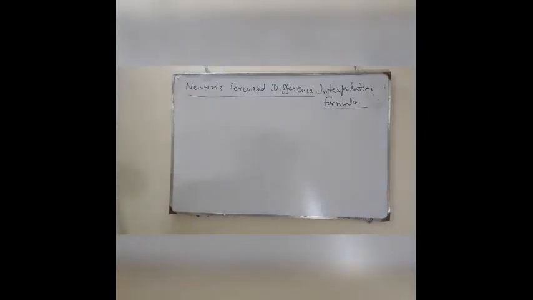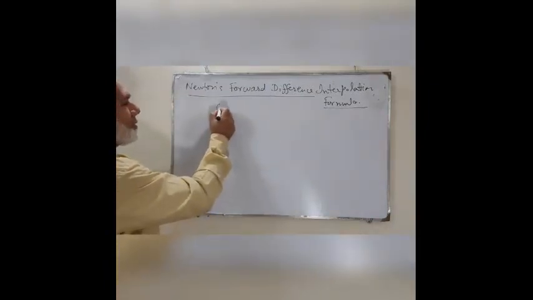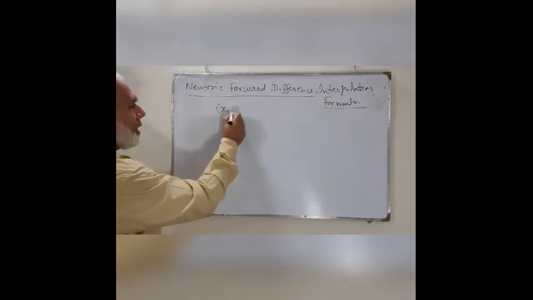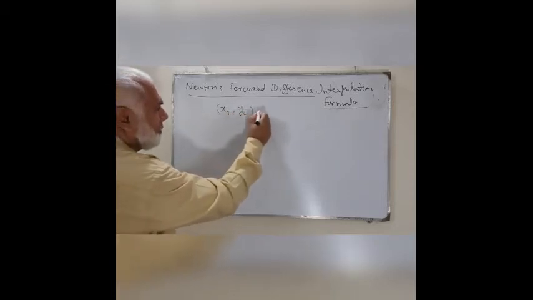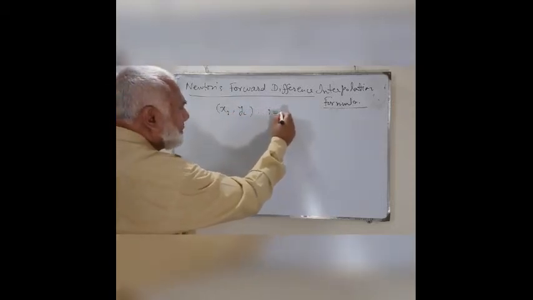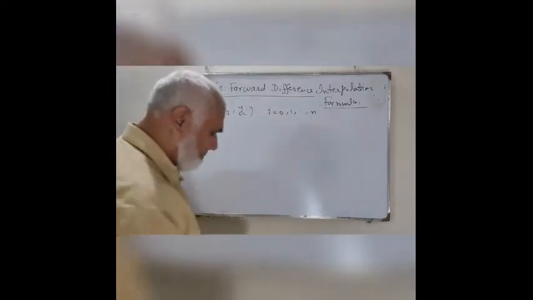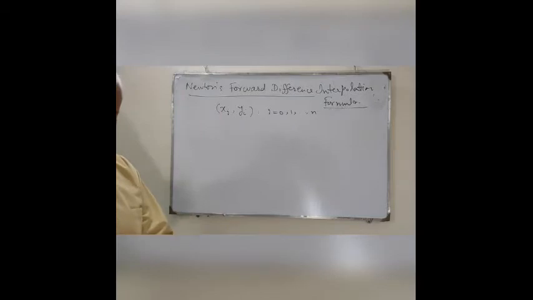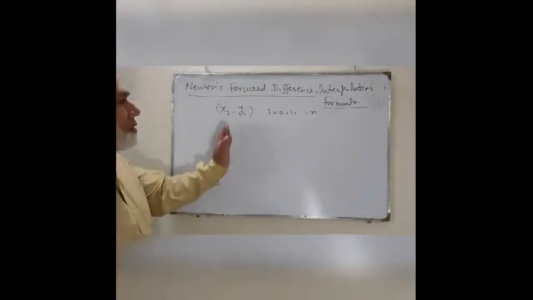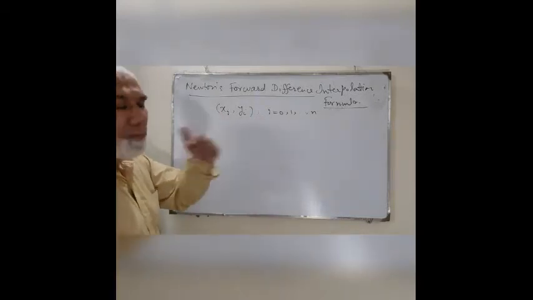In order to start the method, suppose we have a set of points, xi and yi, where i goes from 0 up to n. This is the given set of points, and you can see these are n plus 1 points.